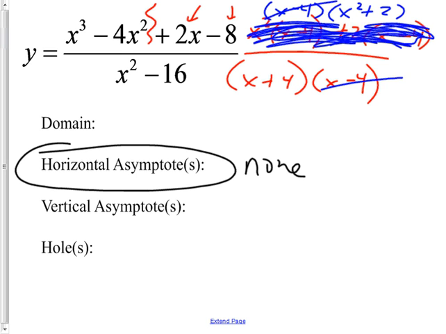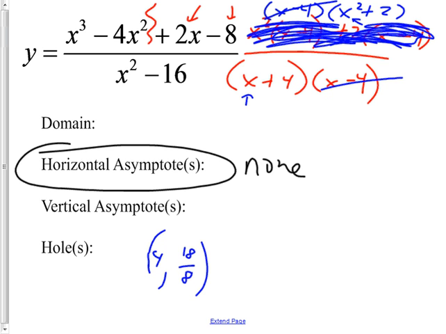Cancel, cancel. All right, and so what does that make? That makes the hole at x equals 4. But I really want the hole point, 4 comma what? And I put the 4 back in to figure out what I'd have left. 4 squared is 16 plus 2 is 18 over 4 plus 4 is 8, 18 eighths. What's that reduced to? 9 fourths.